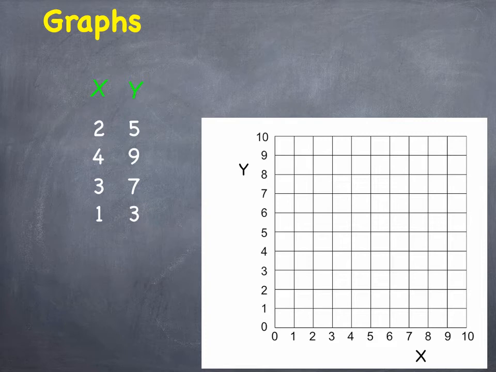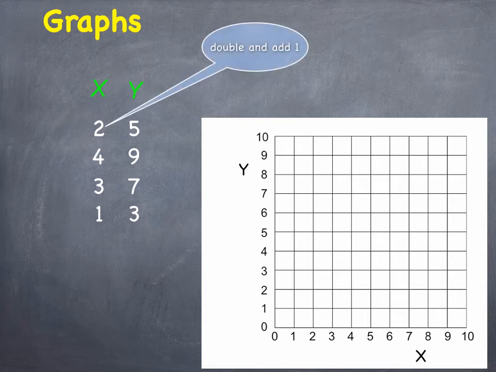You may have spotted that what you have to do is double the x value and then add 1. So 2 2s are 4, plus 1 is 5, 2 4s are 8, plus 1 is 9, and so on. The equation for double and add 1 is y equals 2x plus 1.